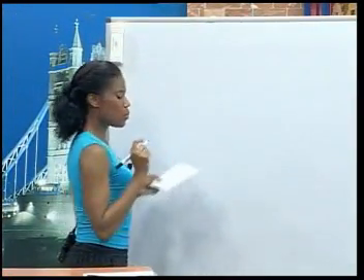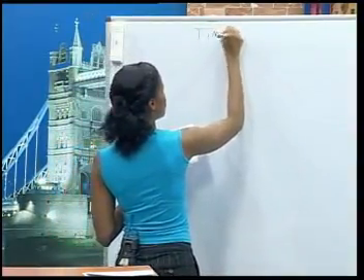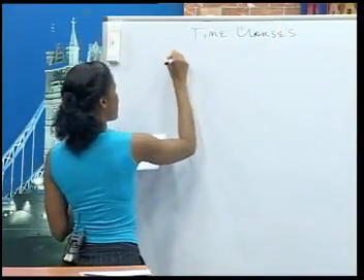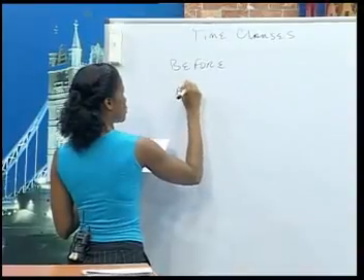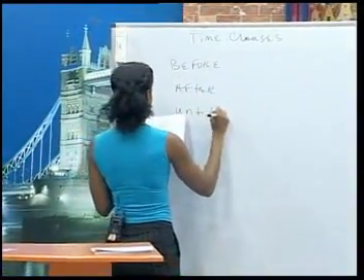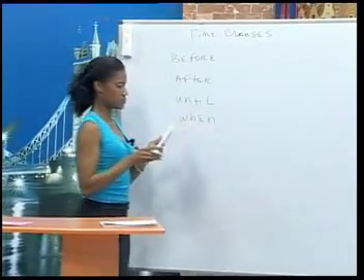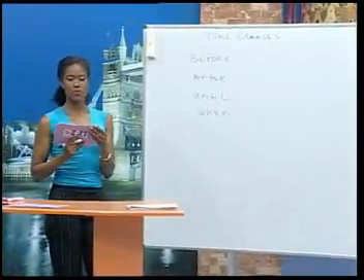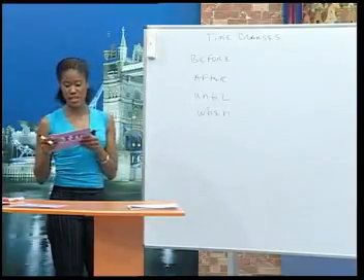Here are some words that can start time clauses. Okay, time clauses can begin with before, after, until, or when. So if a sentence begins with a time clause, there must be a comma after the time clause.